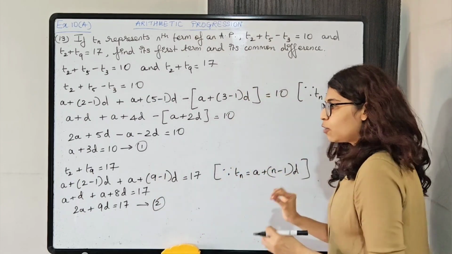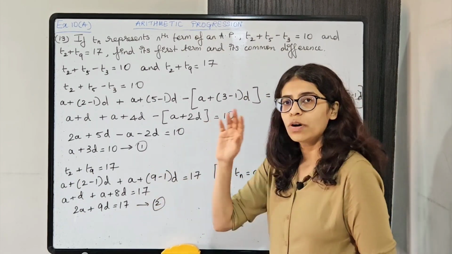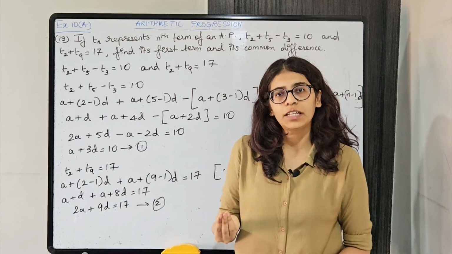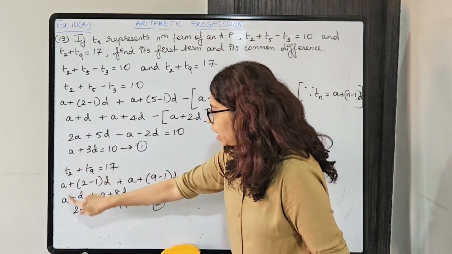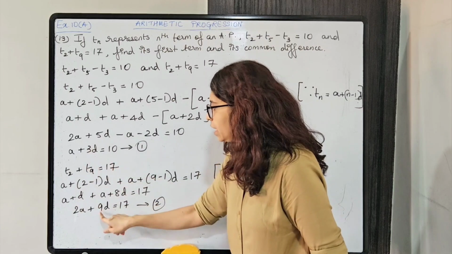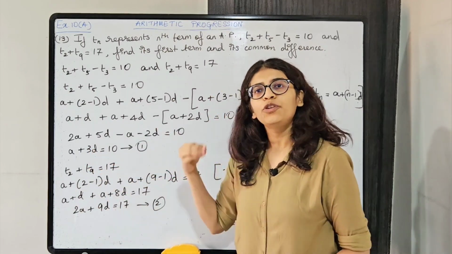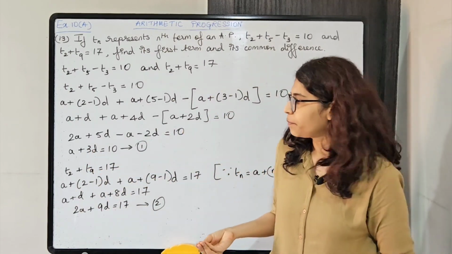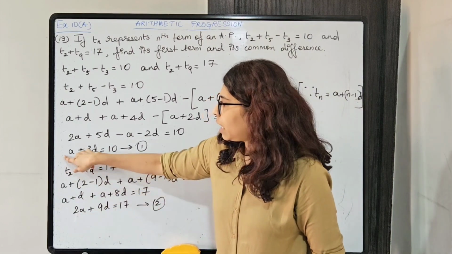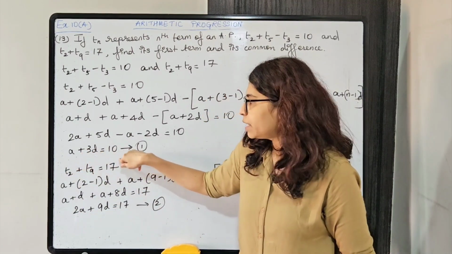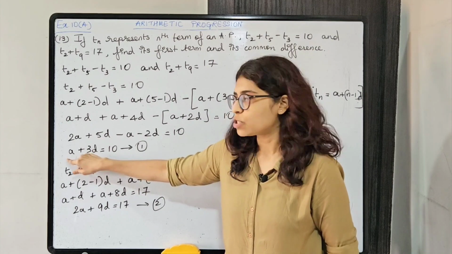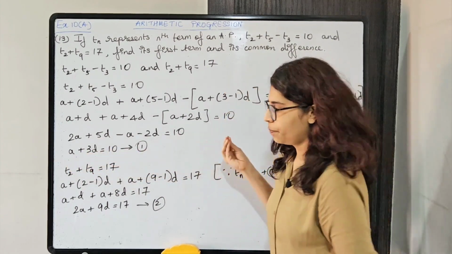Okay. Now to solve the two linear equations, coefficient of any one variable should be same. So either make the coefficient of A same or the coefficient of D same. I am going to make coefficient of A same. Okay. So here there is 2A. I'll multiply this equation by 2, so I'll get 2A over here also. So I'll multiply equation 1 by 2.